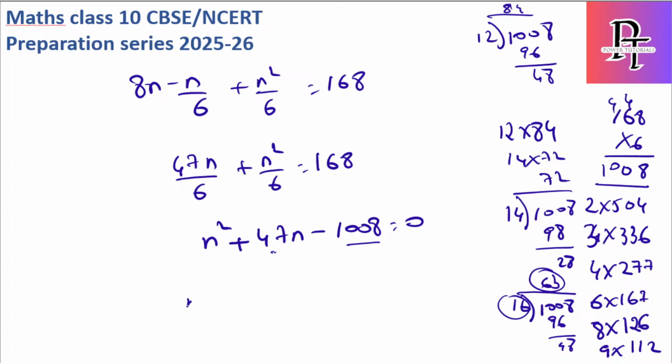Yes, so now this becomes n square plus 63n minus 16n minus 1008 is equal to 0.